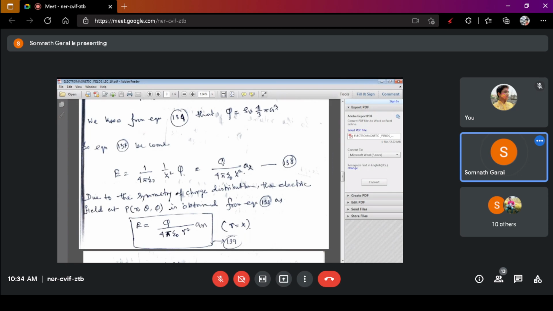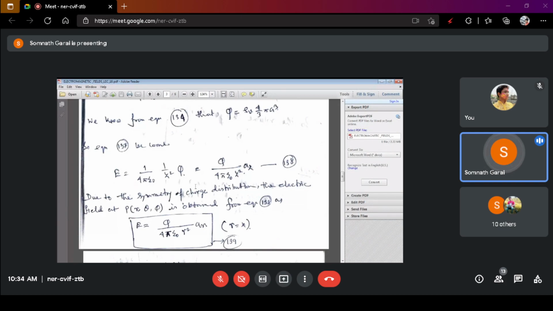Clear? Okay. Now, this electric field intensity E is equals to Q by 4 pi epsilon naught Z square into AZ.